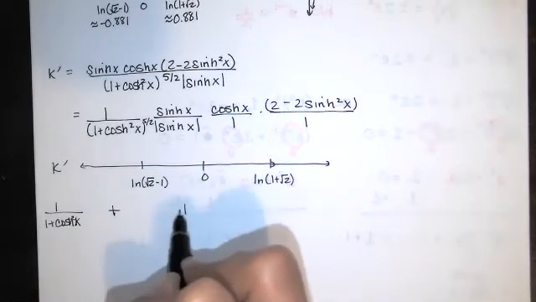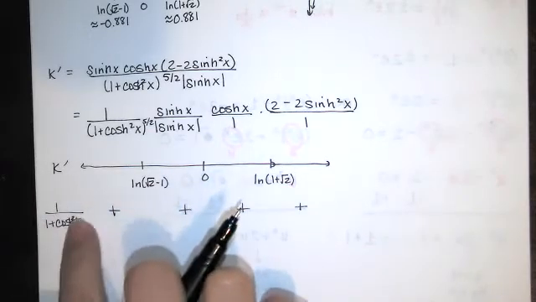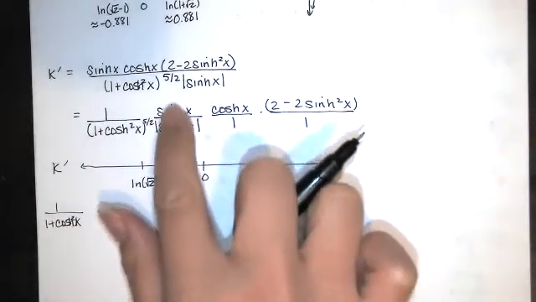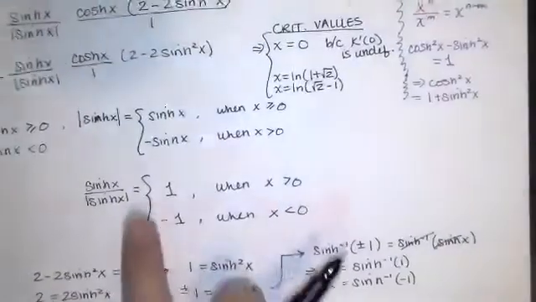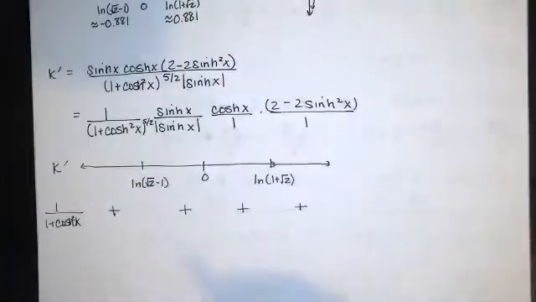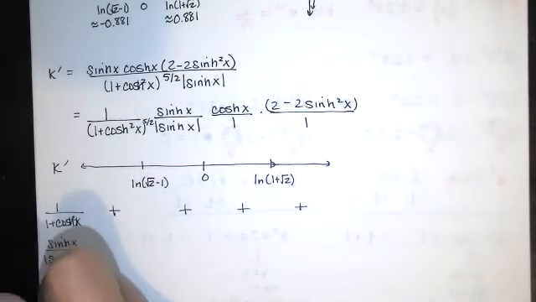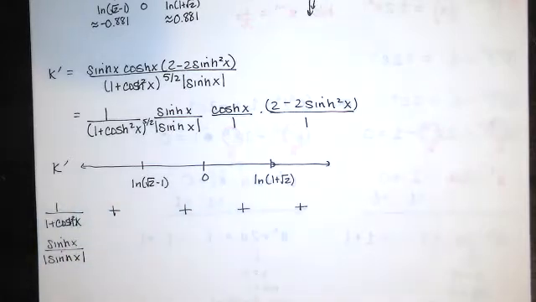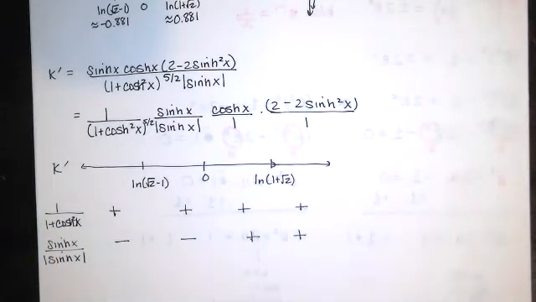So we're going to have positive, positive, positive, and positive, no matter what x interval we're on. So k prime is a positive times this, which is a positive 1 when x is positive, and a negative 1 when x is negative. So over here, it's going to be negative, and over here, it's going to be positive.